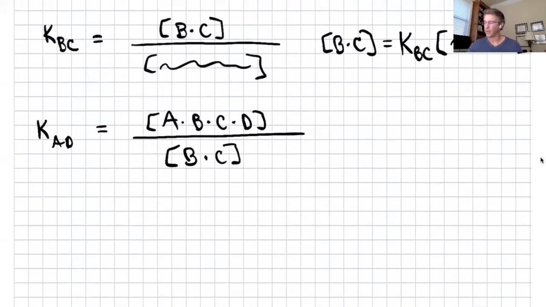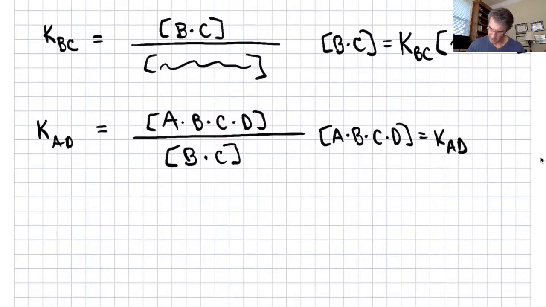And I can do the same thing here for the KAD, and I can solve this one for the fully folded concentration. You'll see why I'm doing this in a minute. This one would be the A times B times C times D concentration. It's just going to be equal to KAD times the concentration of the protein that just has the BC interaction.